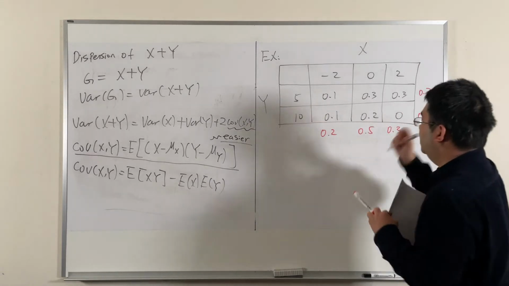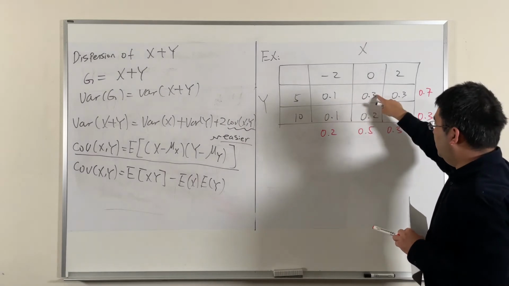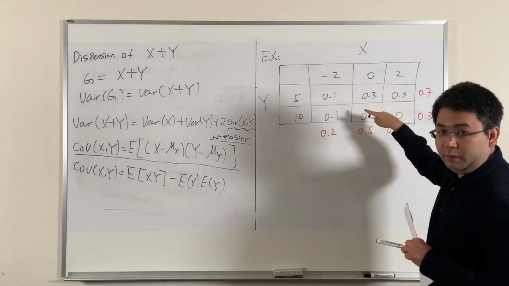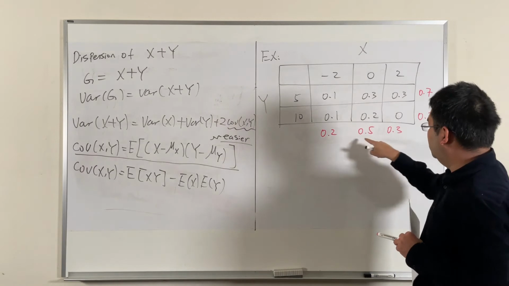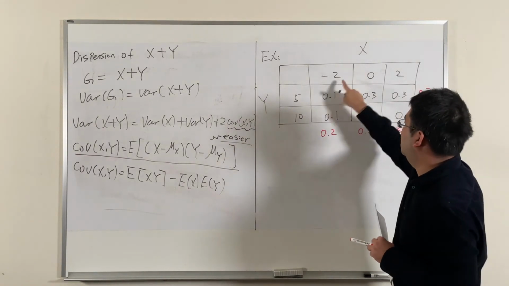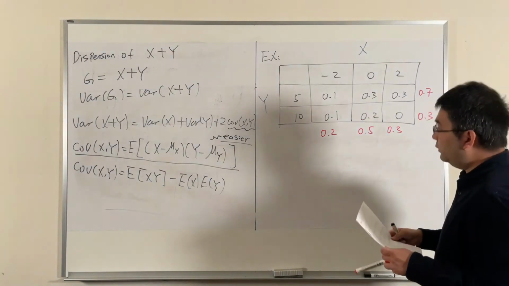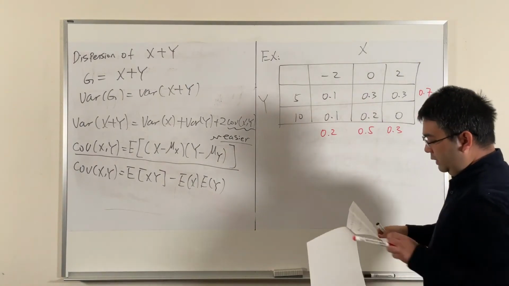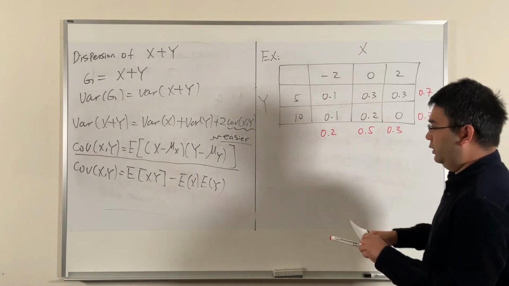Again, the probabilities in each cell in black are the joint probabilities, and the ones in red are the marginal probabilities for each possible outcome. Okay, good. Let's apply this formula here.